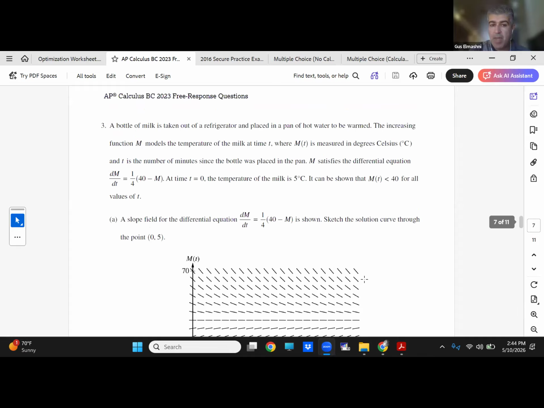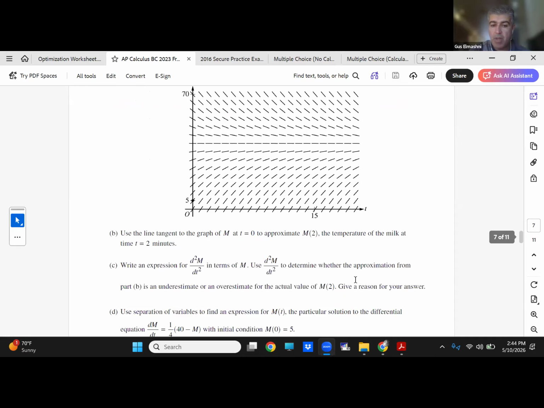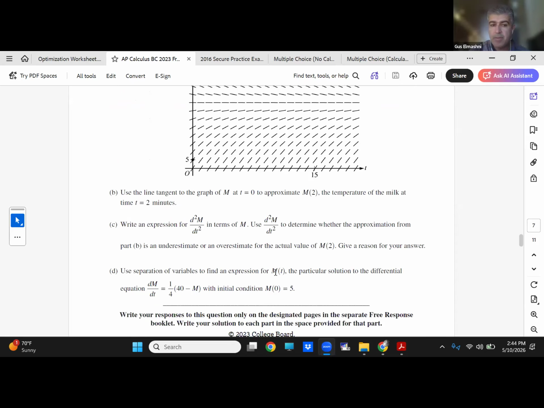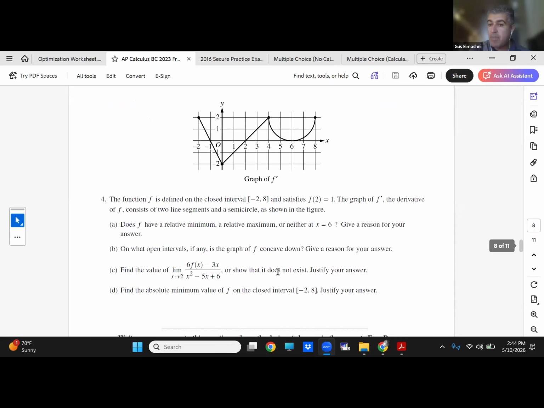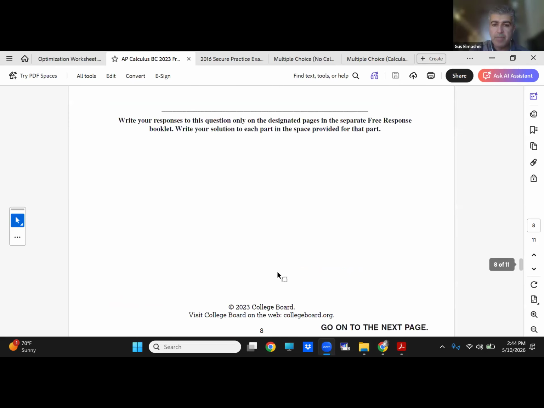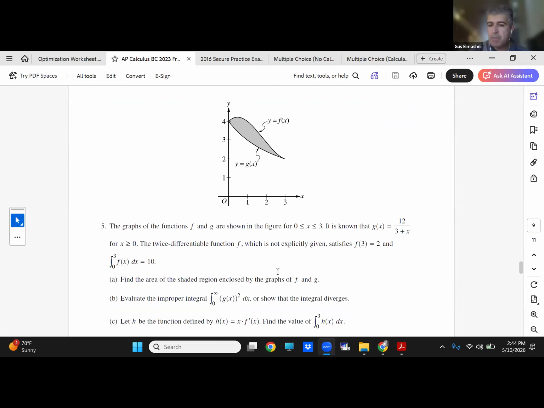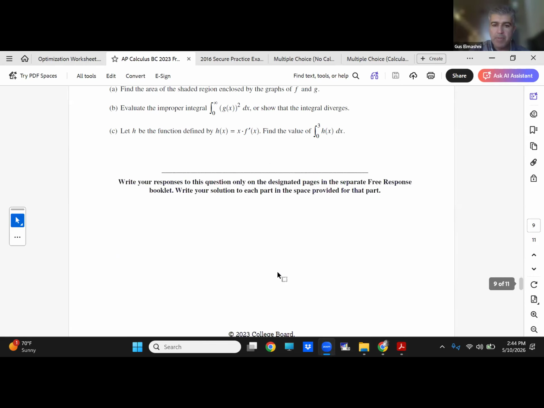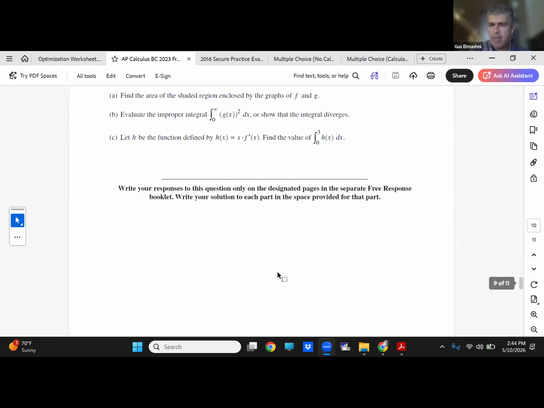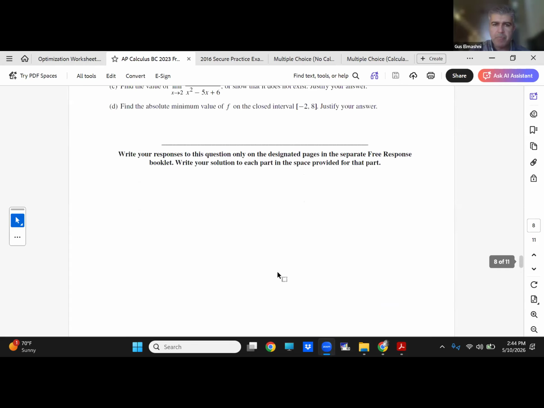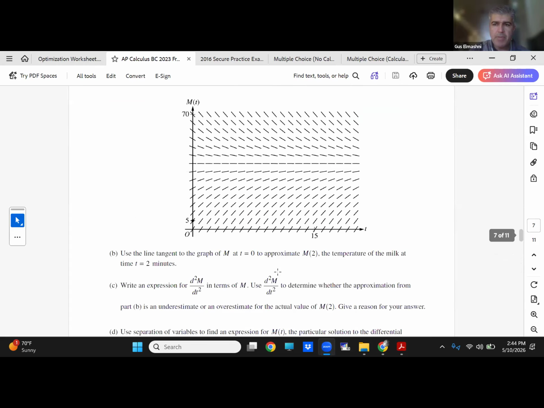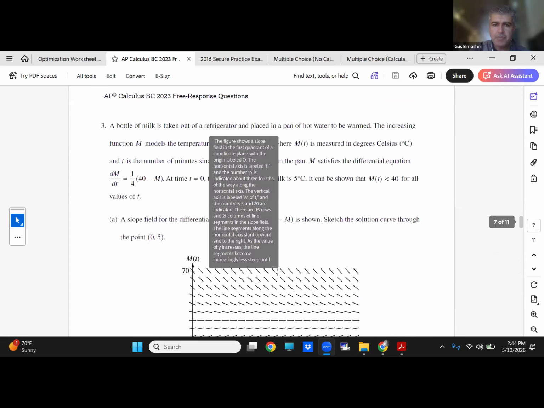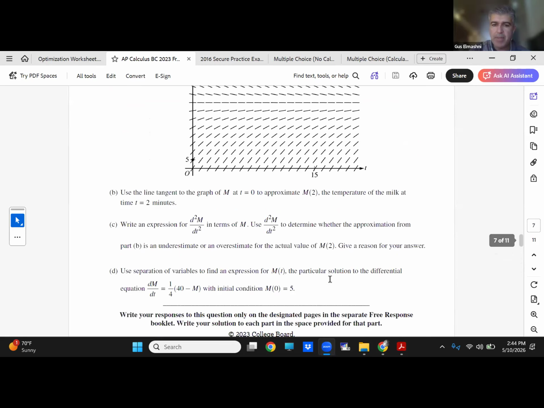Back to slope fields again, and there's a differential equation that we have to solve, so we'll do that. FTC, we got FTC here. And this is BC specific, dealing with area and improper integrals. And of course, series. We'll talk about that after 3:30. But let's focus on FTC because I really like those a lot.